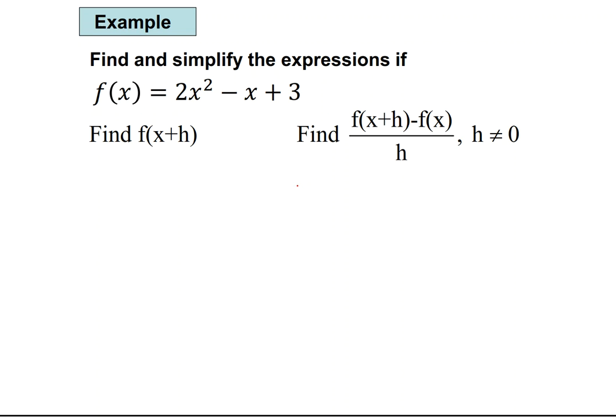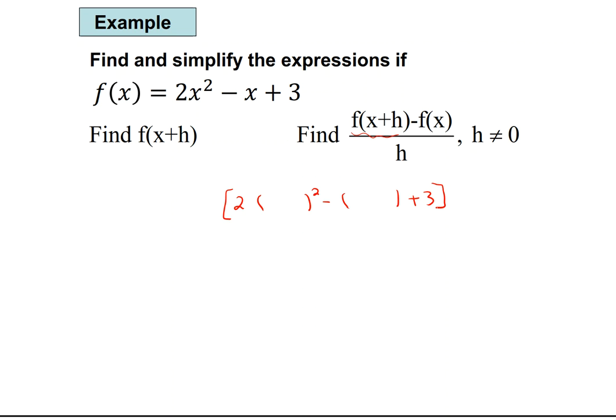Okay, so again, f of x plus h. I have 2 times x squared, so I'm going to write 2 parentheses squared everywhere that I see an x here. When I substitute the x plus h in when I'm working this part, everywhere that I see an x, I'm just going to place a set of parentheses because I know I need to replace those x's with x plus h.